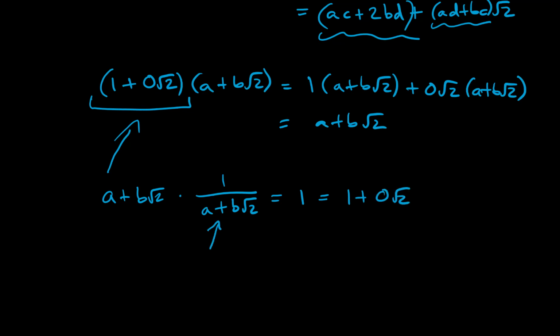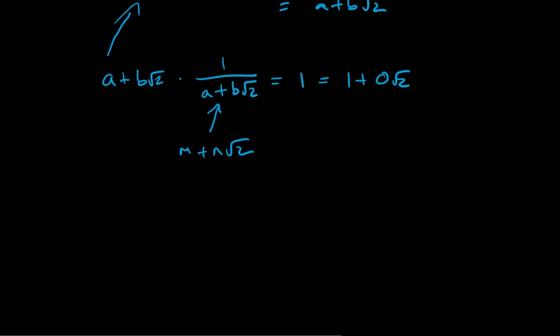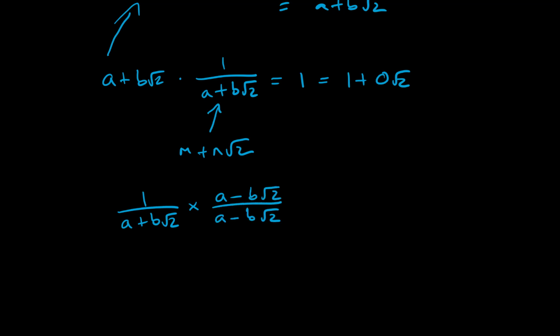But we need to get this element in the form m plus n root 2, where m and n are rational. So we're going to do this rationalization by using conjugates. So 1 over a plus b root 2 times a minus b root 2 divided by itself. And this works because this factor is actually just equal to 1, but it's in a convenient form.